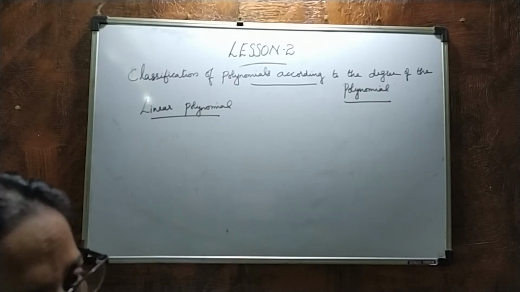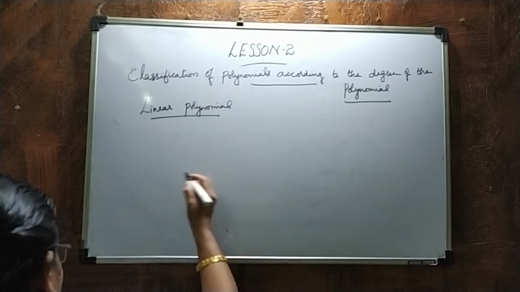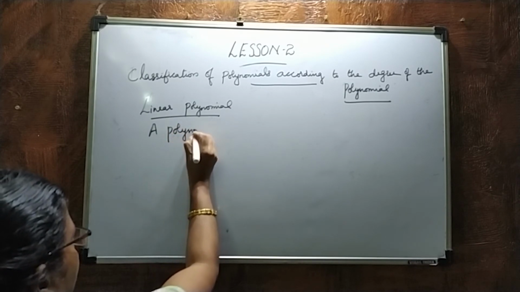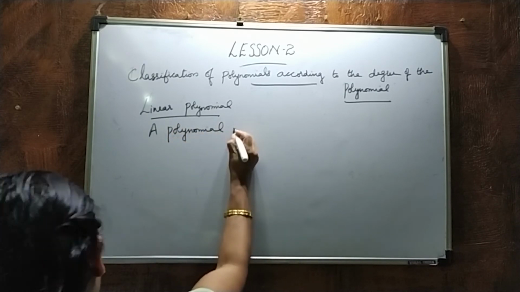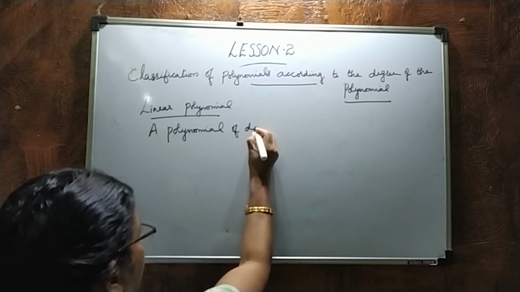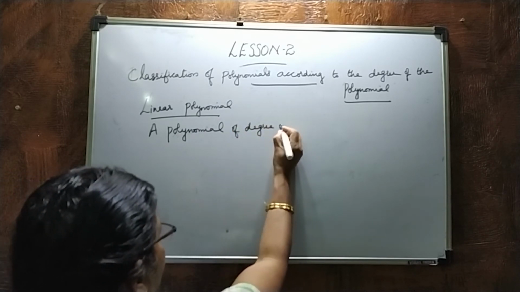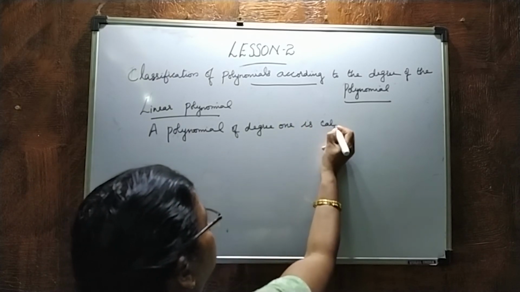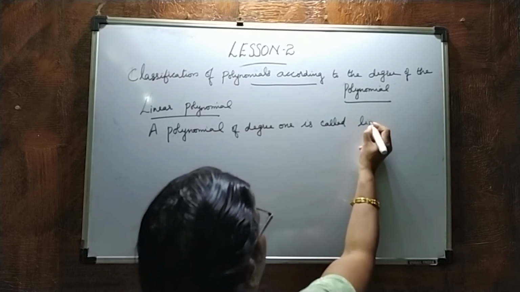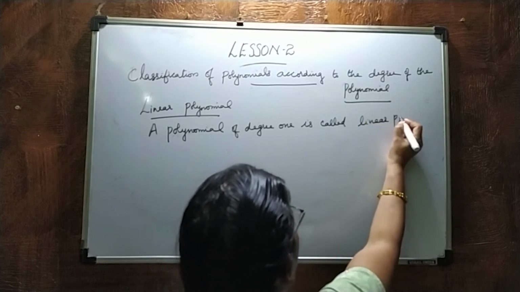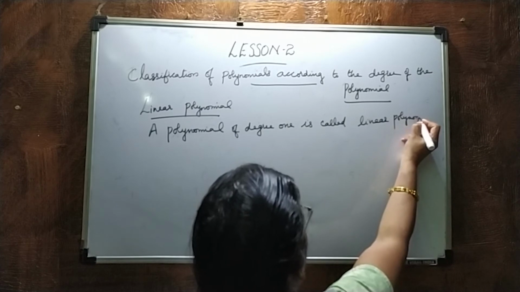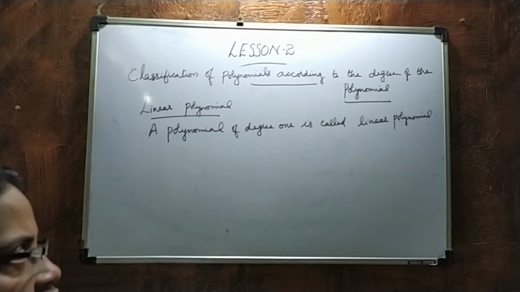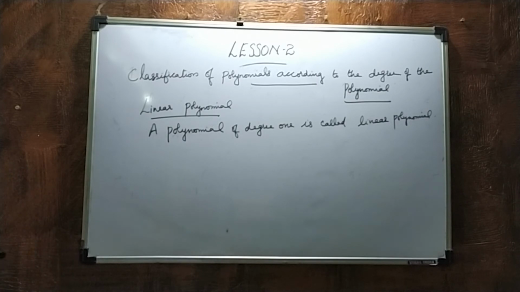So write the definition now. Degree 1 is called linear polynomial. Only degree 1 will be there. So write now: highest degree should be 1.